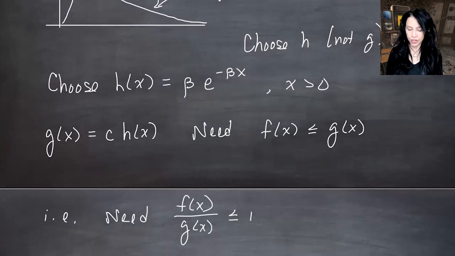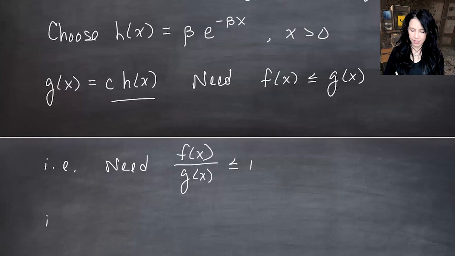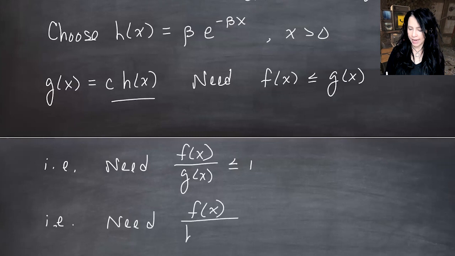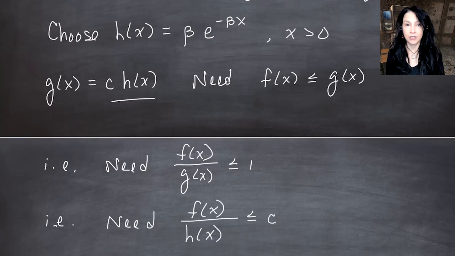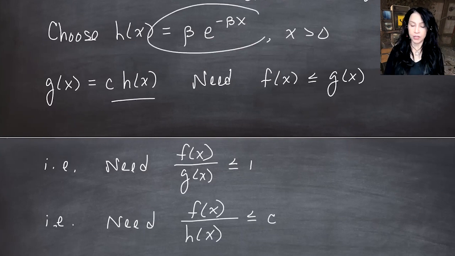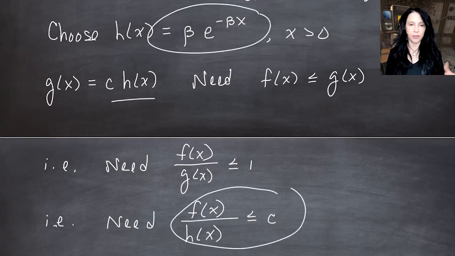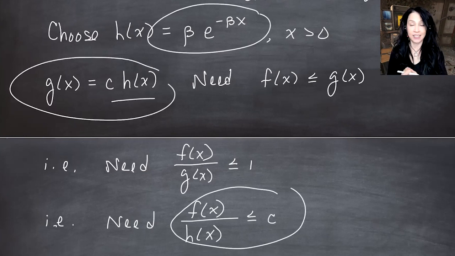But if you plug in g of x as c h of x, this is the same thing as saying, i.e., we need f of x over h of x to be less than or equal to c. So I chose a distribution I wanted to propose values from. And now if we can find an upper bound on this ratio, we'll have a c, which will then define the g.